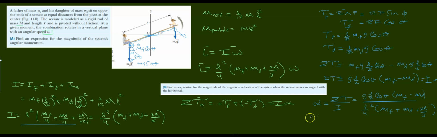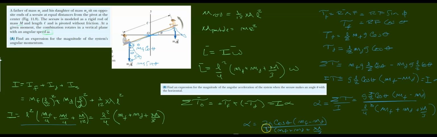There's also the 4 and the 2 to do something about, but when you combine everything, you're just going to get 2g cosine of theta, (mass of the father minus mass of the daughter), and under, you're going to have the length that did not cancel here, (mass of the father plus mass of the daughter plus the whole mass over 3).